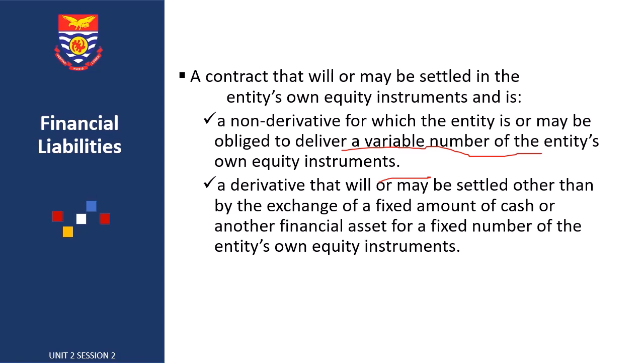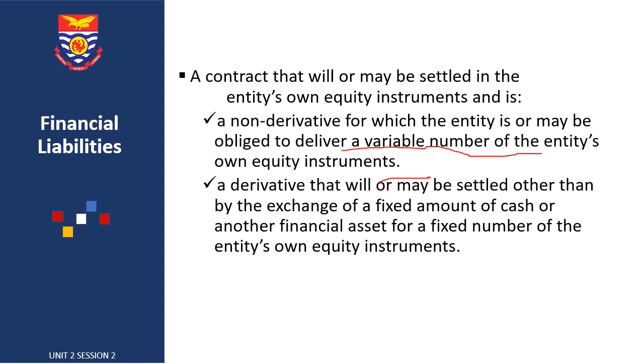When we say derivative is where the instrument derives its value from a certain underlying instrument. So in so doing, we are obliged to deliver a variable number of your own equity instrument in settlement for that liability.